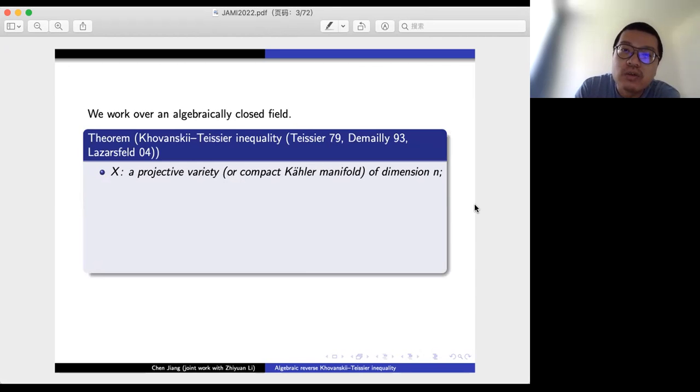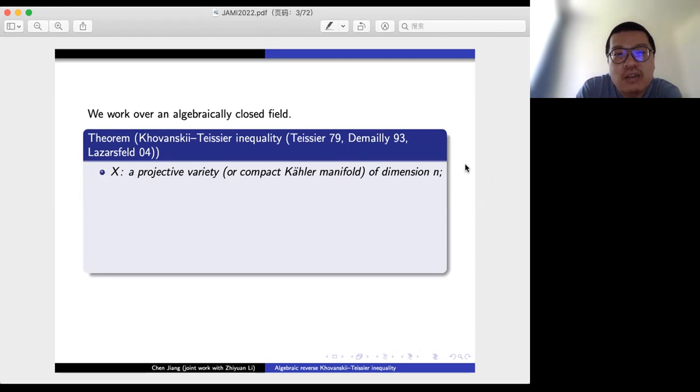It was proved by Teissier and Khovanskii in the analytic setting, and later it appears in the Fields Medal lecture on positivities. It says the following.